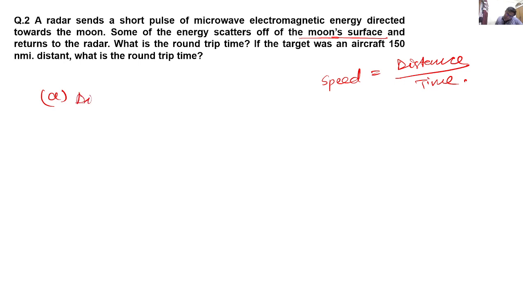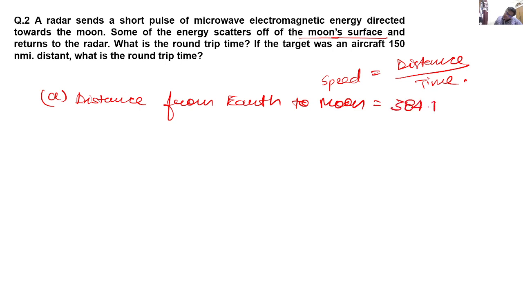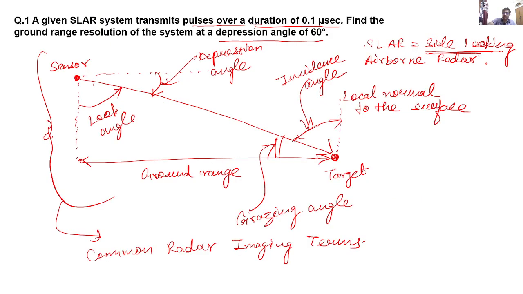So for the first question, we need to know the distance from Earth to Moon. That is around 384,400 kilometers. So the echo time would be 2R by C, the total distance traveled, because it is traversing from the sensor to the target and back.